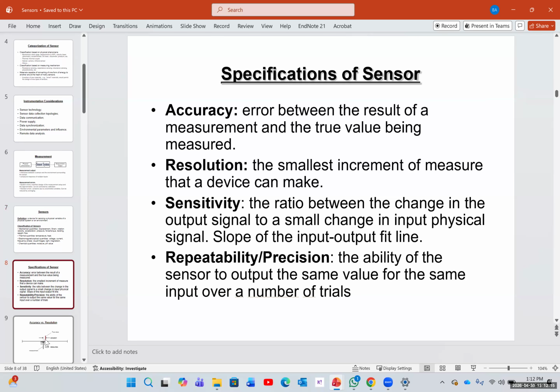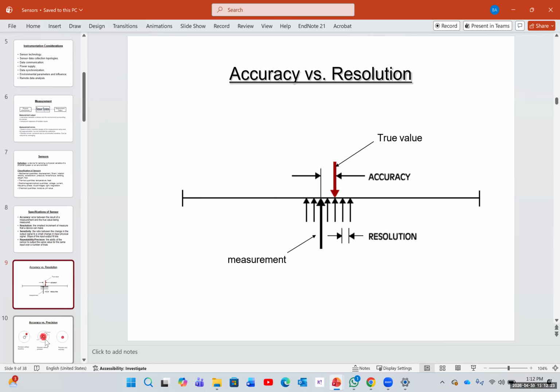Some specifications of sensors we had were accuracy, resolution, sensitivity, and repeatability or precision. We spoke about accuracy and precision, if you remember the targets that we had. This is another example of accuracy versus resolution. Resolution means that the system can measure very, very fine values.